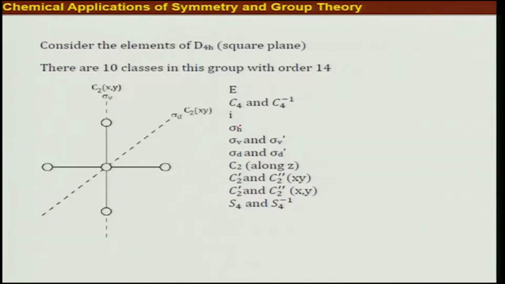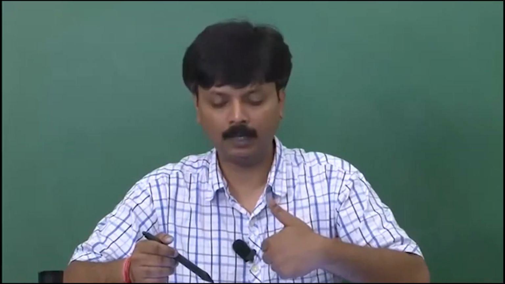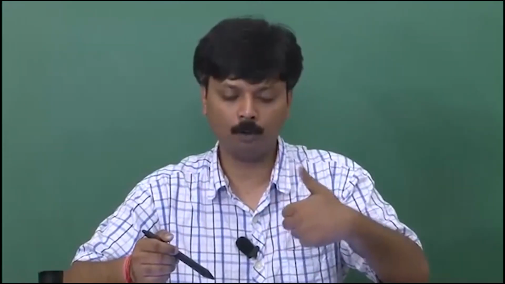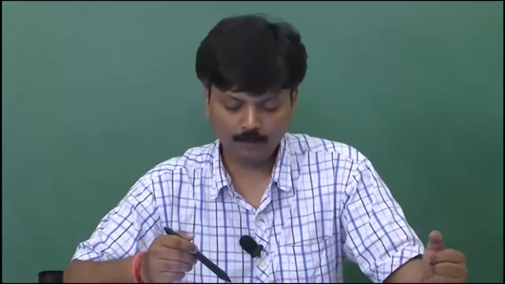Then 2 sigma V's form a class, and 2 sigma D's form a class. Then there is a C2 along the Z axis. In the case of D4H, the Z axis is the same axis along which your proper axis of symmetry C4 runs.